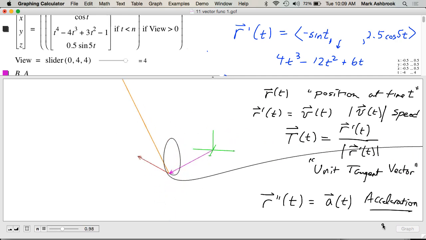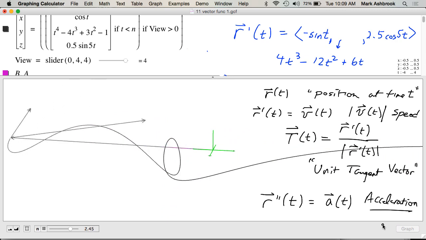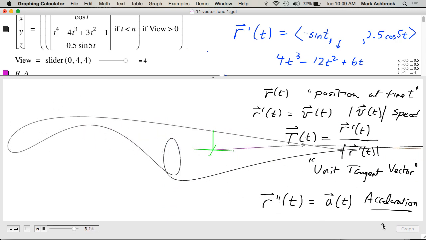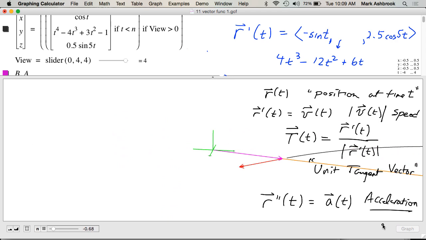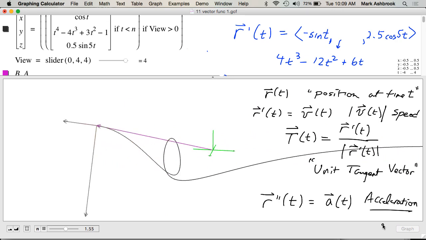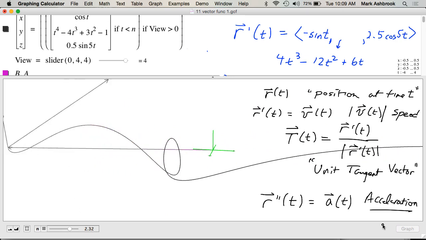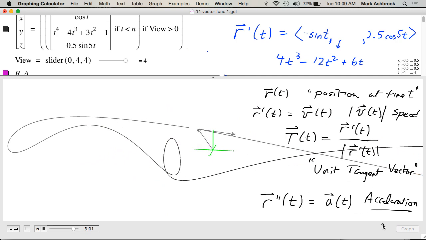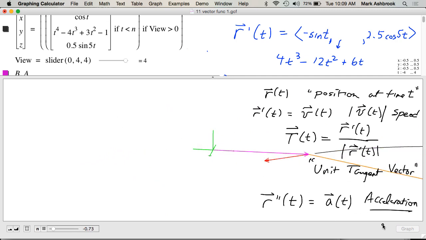As the r prime t increases, the direction of r double prime t gets closer, because of parallelism in general. When r prime t is a constant magnitude, it seems orthogonal to it.